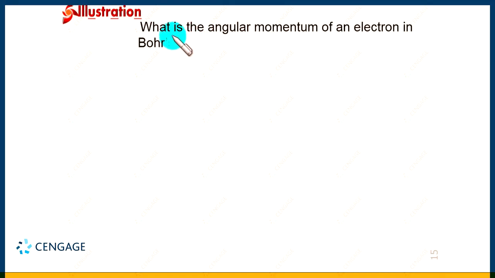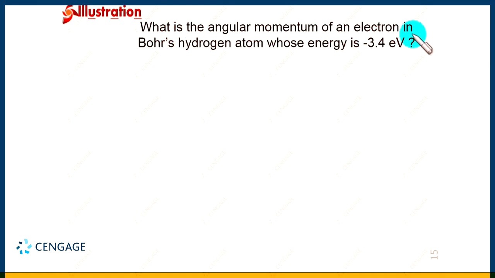In this illustration, we need to find the angular momentum of an electron in Bohr's hydrogen atom whose energy is minus 13.6 electron volt, right? What is being asked? Angular momentum. We know electron orbits around the nucleus in a circular orbit.